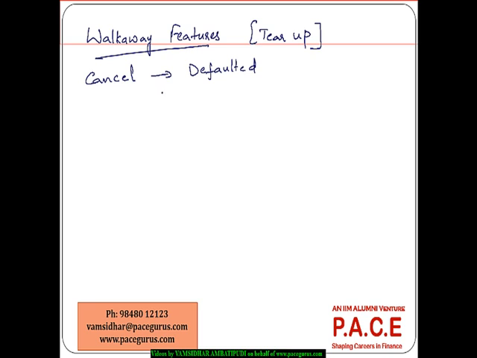So generally what we are seeing is when the mark to market value is negative, where the surviving counterparty has to pay the defaulted counterparty, that is when the walkaway feature will be exercised. So if they are in debt to the counterparty which has defaulted, this would be exercised. So logically speaking, this is not reducing my credit exposure at all.